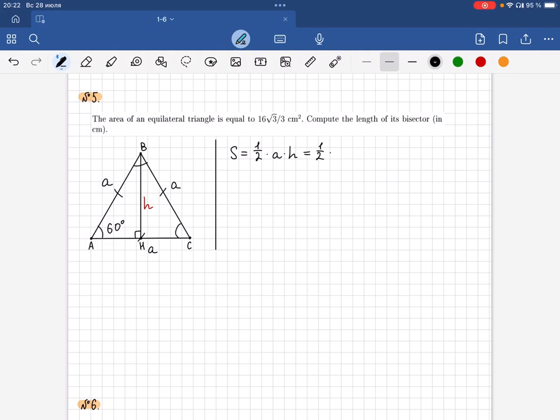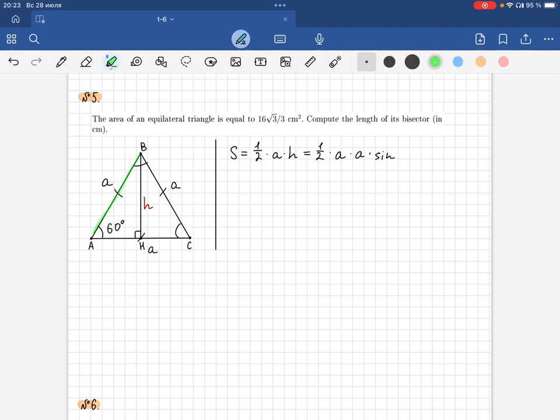Then we multiply the length of one side by the length of another side. But in our equilateral triangle, all sides are the same, so we'll always have the multiplication of two A's here, and multiply it by sine of alpha, where alpha is the angle between these two sides.